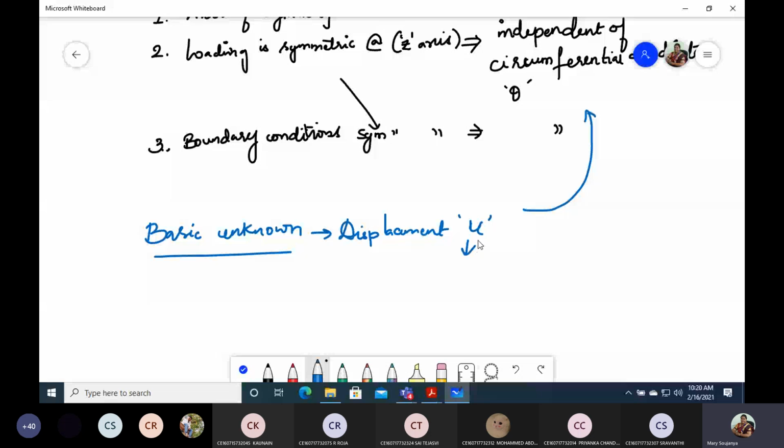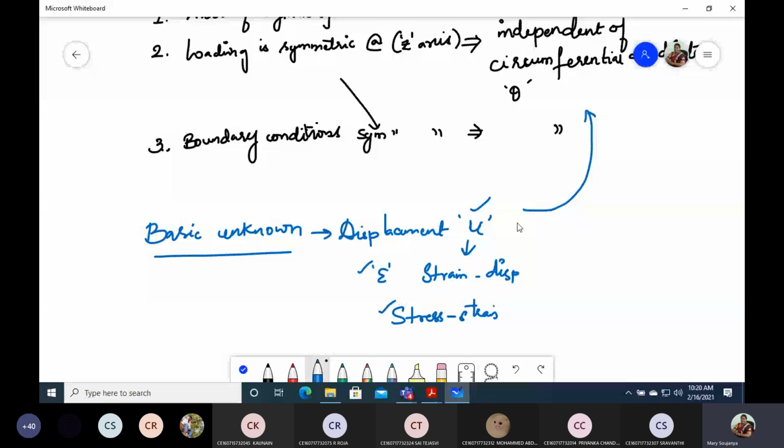Now, from displacement only, using the strain displacement relationship, we find strain. Once we get U, we find epsilon. Once we get epsilon, using the stress strain relation, we find the stresses incorporated in the element.